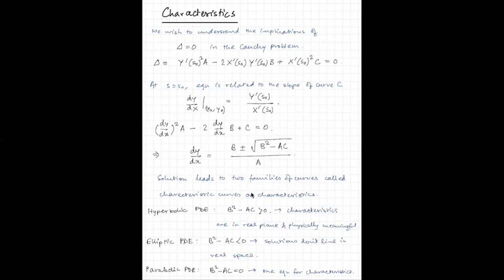This leads to something very important called characteristic curves, and we will see that these will show up everywhere. So in the next two lectures, we will look at the wave equation, and then the diffusion equation and the Laplace equation, and try to understand this.